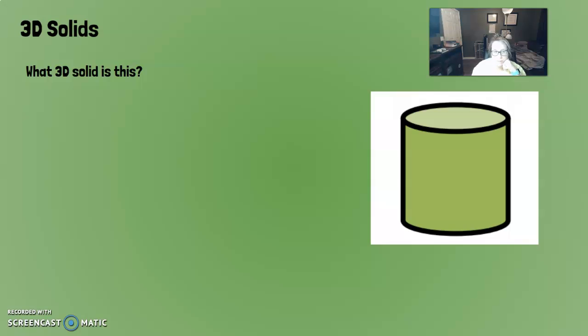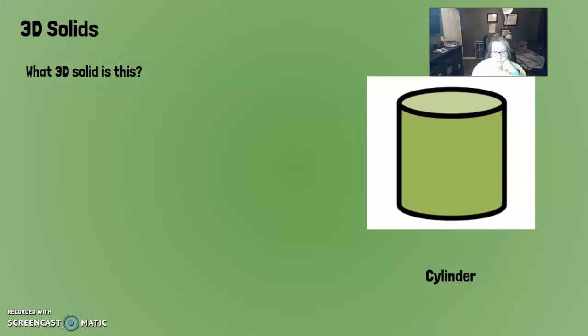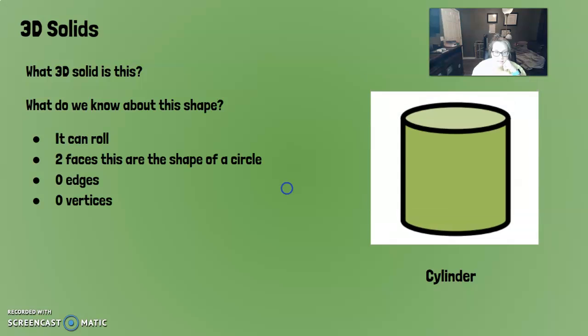What is this shape called? If you said it's a cylinder, you are correct. Think about it. What do we know about a cylinder? Well, let's see. I know a cylinder can also roll, and it rolls pretty well like a sphere. I could also build on top of it if I wanted to. I know there are 2 faces.